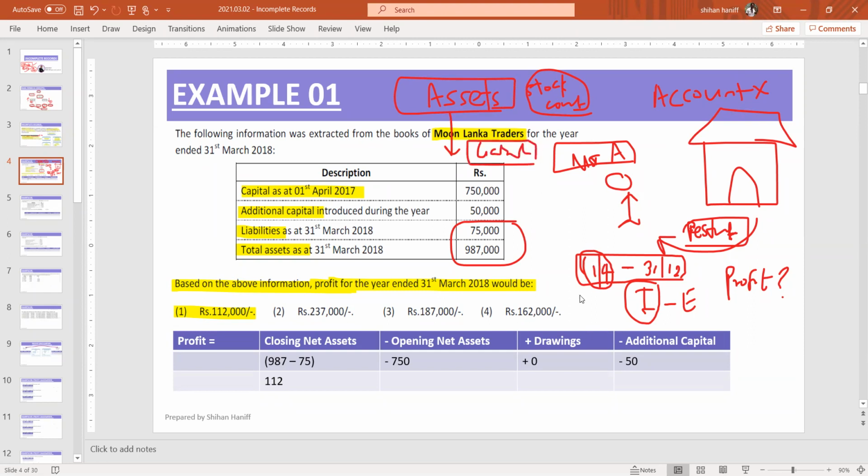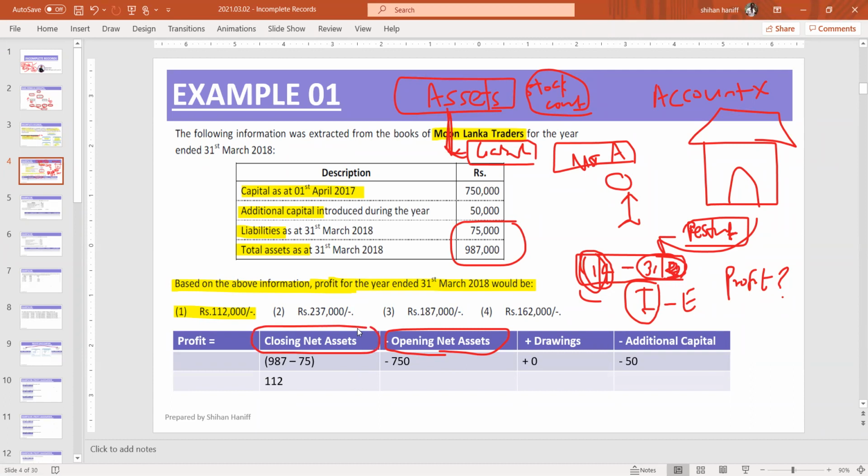So you go on 1st of April, the opening, the beginning date, and find out the assets and liabilities, then calculate the opening capital balance. Then again you go at the end of the year, 31st March, right? At the end of the year you go there and see the assets and liabilities, and calculate the closing net asset.